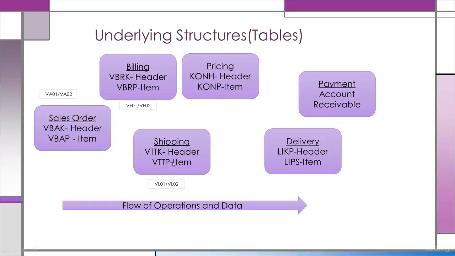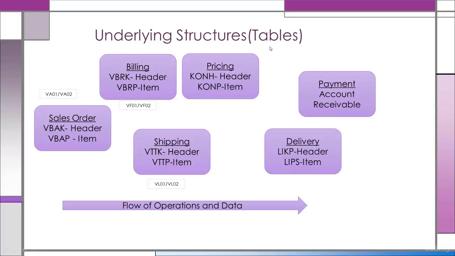The shipping information is stored in VTTK, VTTP. Finally, the payment and then delivery. The payment is an account receivable, AR. This is FI; anything related to accounts is FI. And delivery information is stored in LIKP and LIPS, header and item. Find the difference between header and item so that you have some knowledge about it.